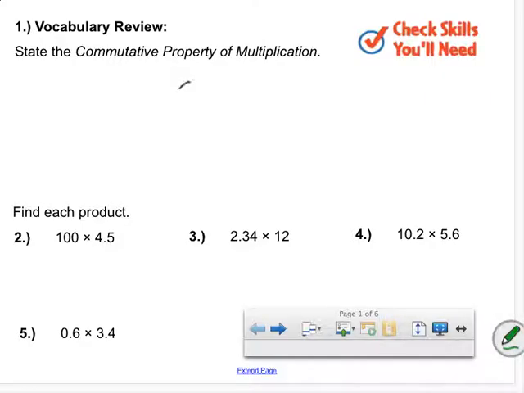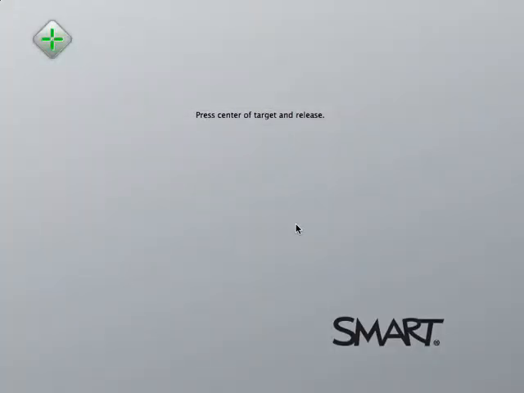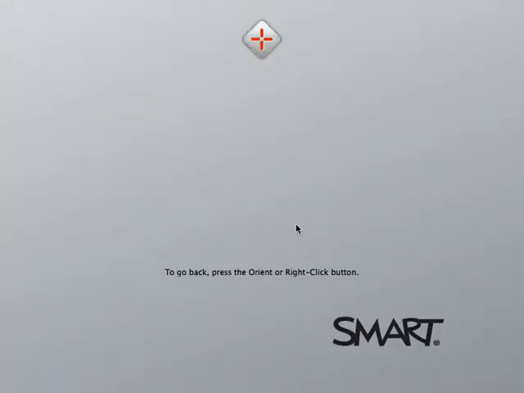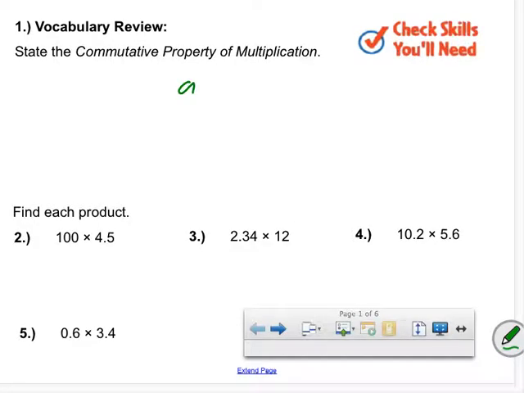If I have a number a, and I multiply that to a number b, then that would be equal to the same number a, the same number b, multiplied in a different order.